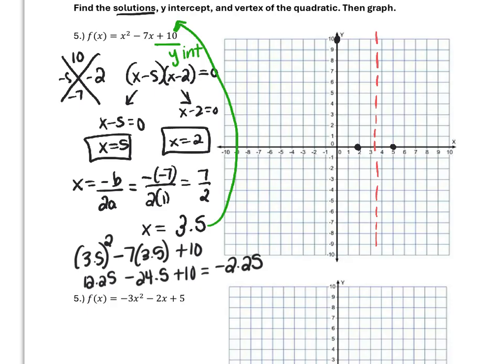So my vertex is going to be at x equals 3.5, y equals negative 2.25. So that's just a little bit below negative 2. And then I can connect my points with a nice smooth parabola and arrows at the end.